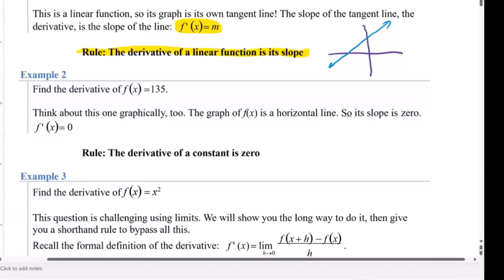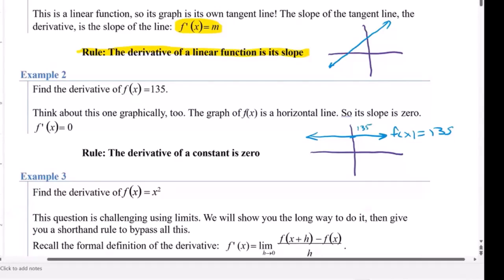Now example 2 and rule 2 as well. If we want to find the derivative of f of x equals 135, we would have a graph that looks like this. This is f of x equals 135 if this point right here is 135.